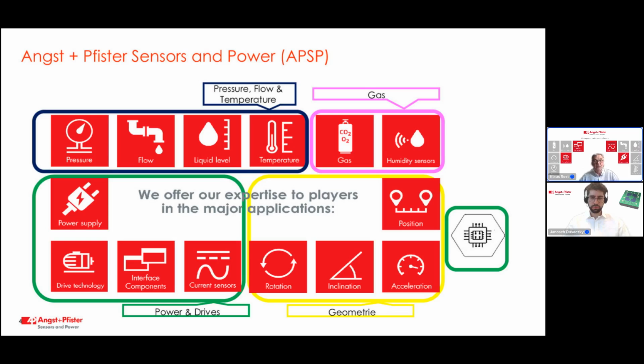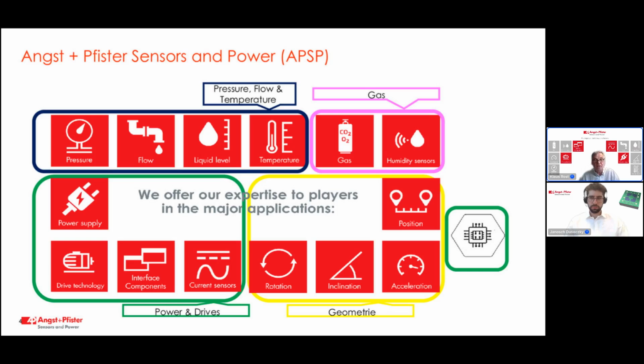Let's move into what Angst+Pfister Sensors and Power is. You can see here the different segments we are working in. Angst+Pfister Sensors and Power is in general a manufacturer of sensor and power components. Partially, we also have partners who produce the components for us. We are separated into 4 sub-segments.